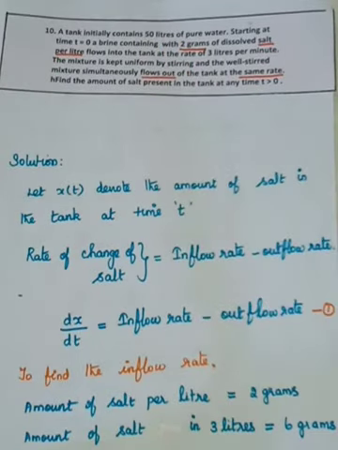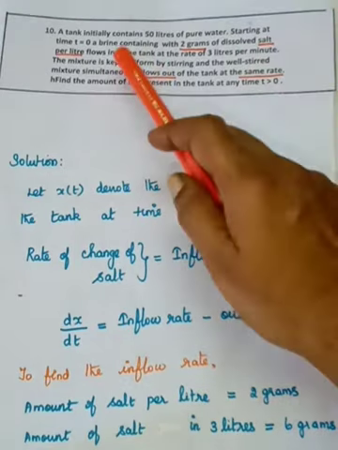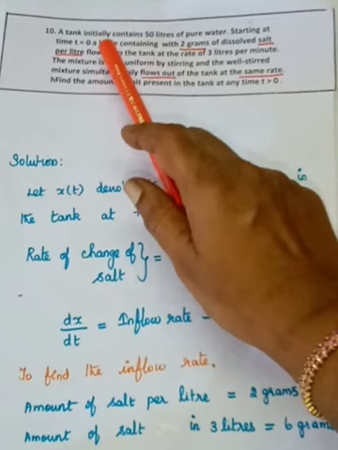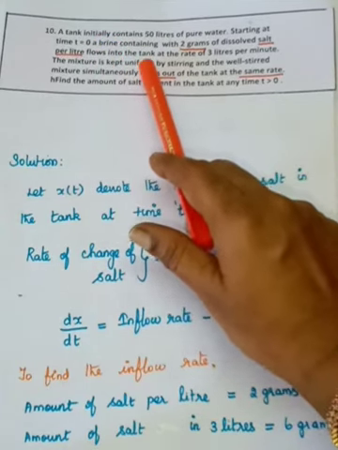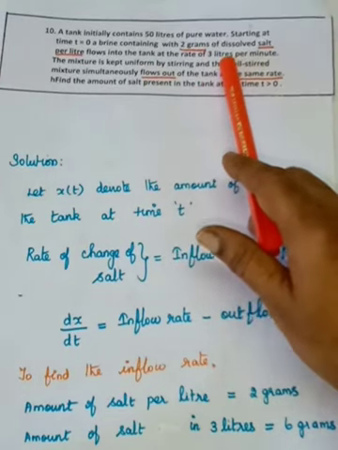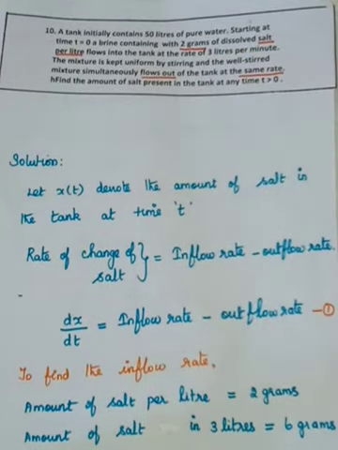That means 1 liter of brine contains 2 grams of salt. The brine, that is the concentrated NaCl solution, flows into the tank at the rate of 3 liters per minute. That means per 1 minute, 3 liters of brine flows into the tank.